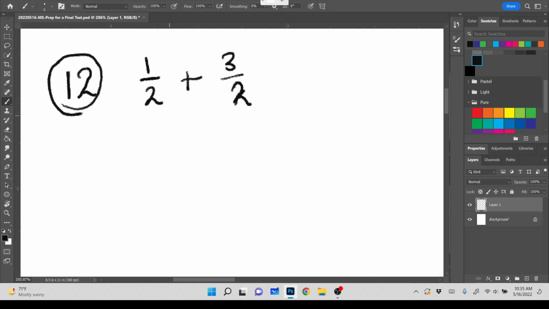Straight across. What do you mean straight across? Give me more words. Add across the top. So the top would turn into what? It would be a 4.